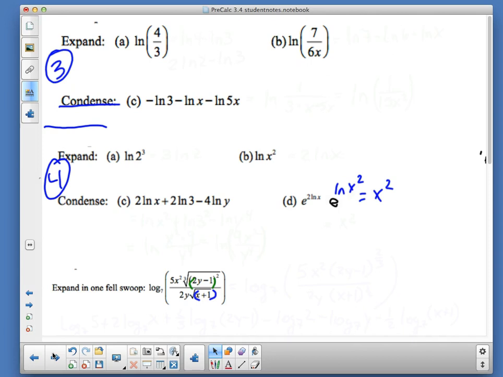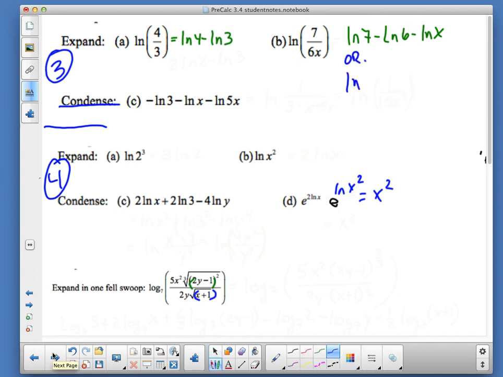Okay, so I should have the natural log of 4 minus the natural log of 3 here. And then on this one, I should have the natural log of 7 minus the natural log of 6x, but oh, I think I took care of that one. Good. But I should also be pulling the x out too. As I look at that, you could also have written this one this way.